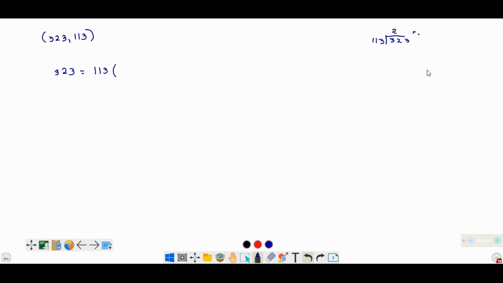I haven't shown the process of getting the quotient. Since you already know how, I assume you can do it. Let me show it anyway. So we have here 226. So let's subtract them. We have here 97. So the remainder here is 97. So this is 113 times 2 plus 97.